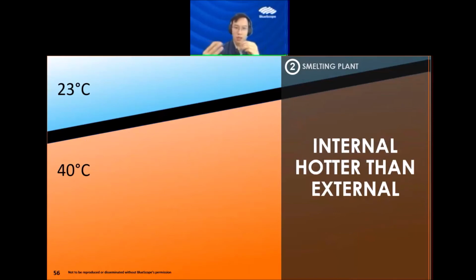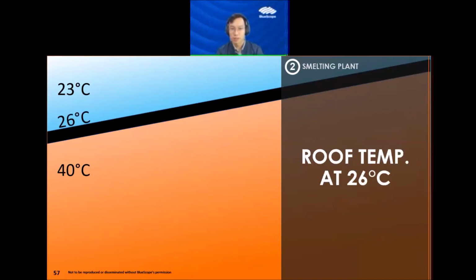The internal temperature is around 40, directly above the furnace in a smelting plant normally well beyond 40 degrees Celsius, and the temperature outside, let's say, is 23 degrees Celsius. Then you have a difference in temperature.